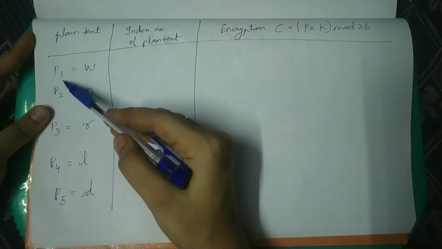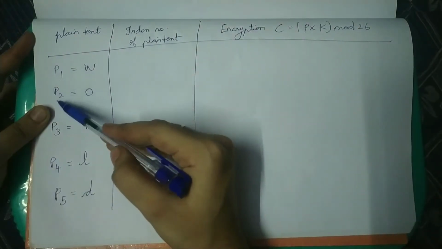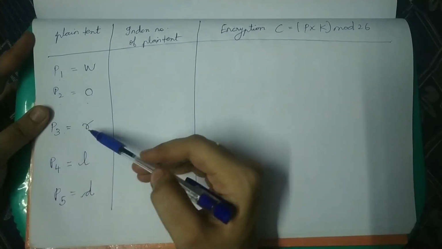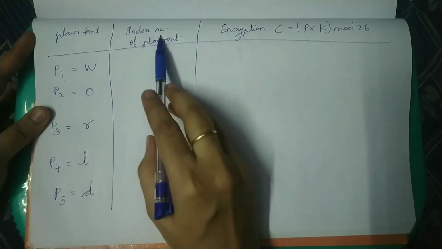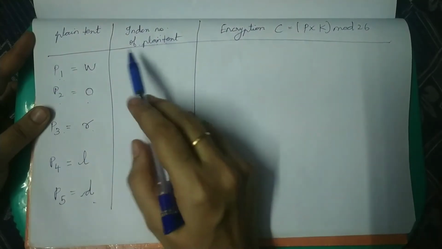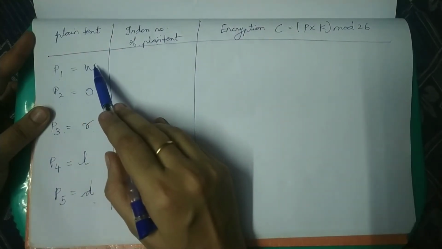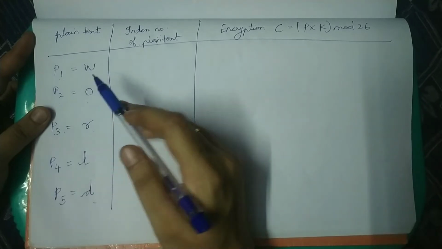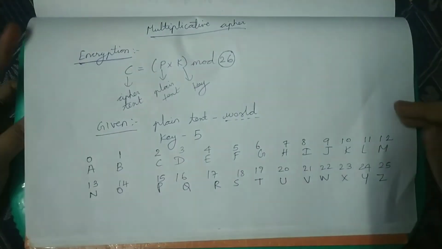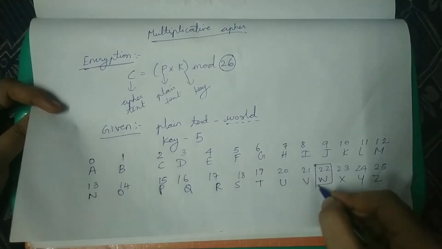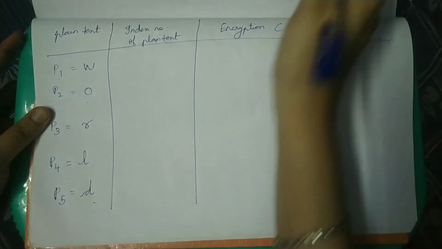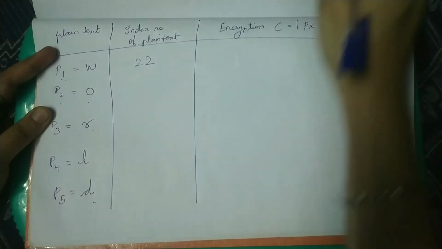P1 means plain text first alphabet, plain text second alphabet, and so on. Now we must write the index number of the plain text. For W we must look at the corresponding alphabet number. So for W it is 22. So I should write 22 over here.